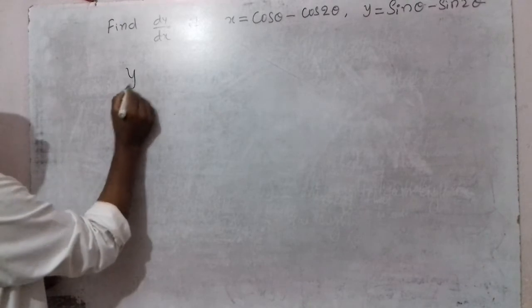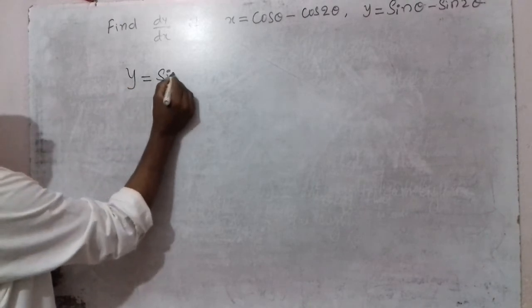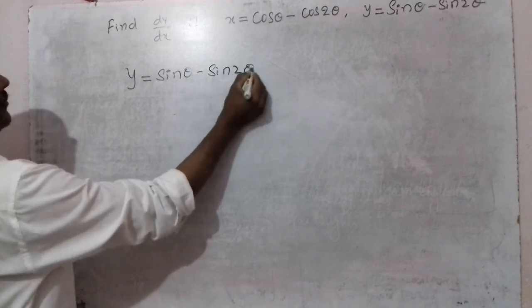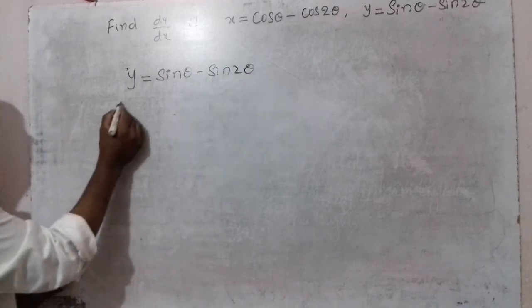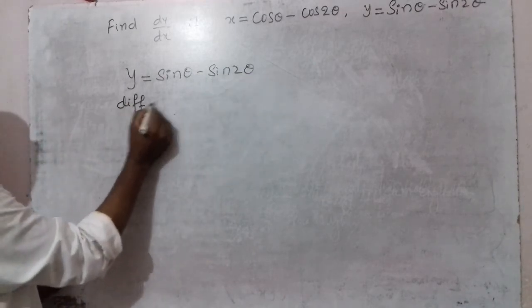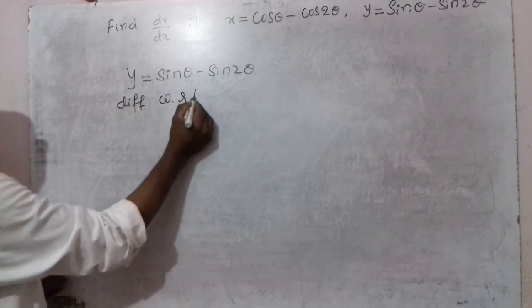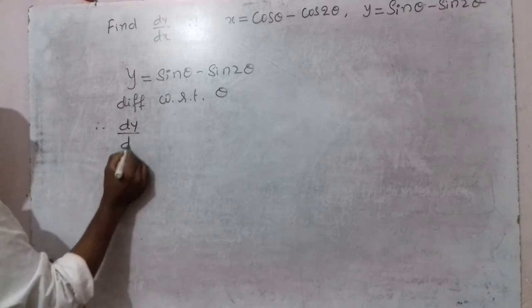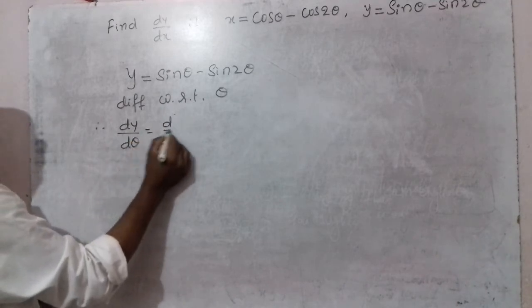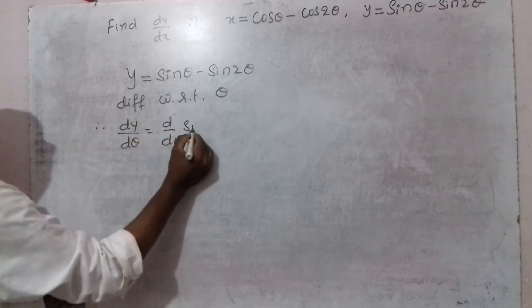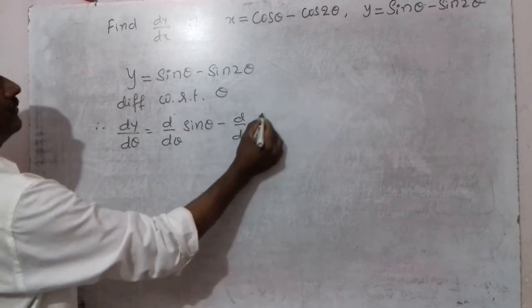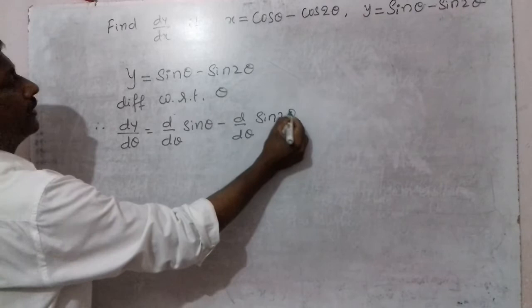Now consider y equals sin theta minus sin 2 theta. Differentiate with respect to theta, therefore dy by d theta equals d by d theta of sin theta minus d by d theta of sin 2 theta.